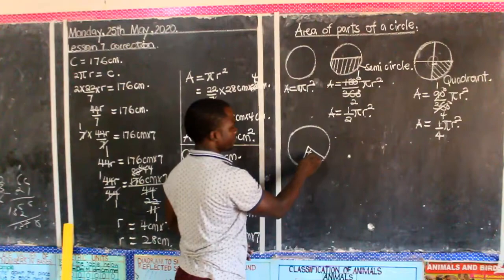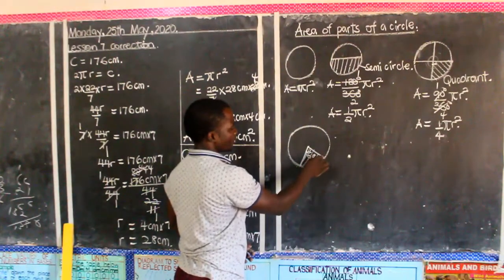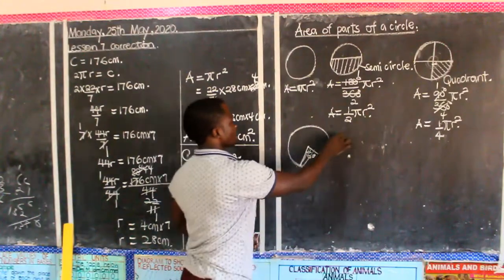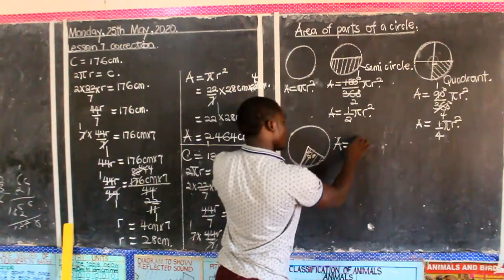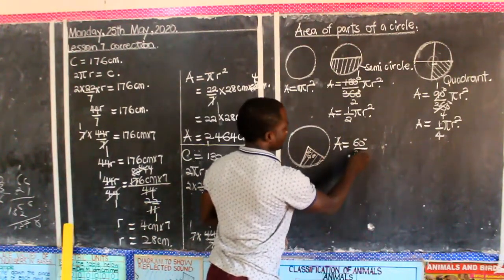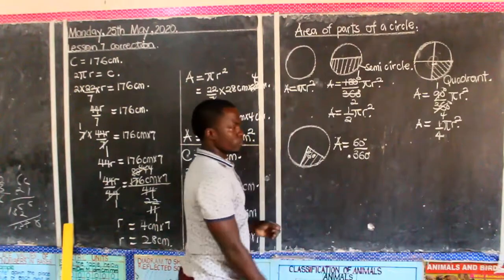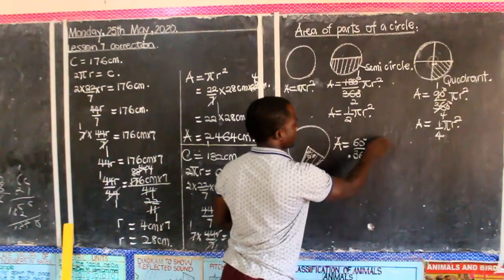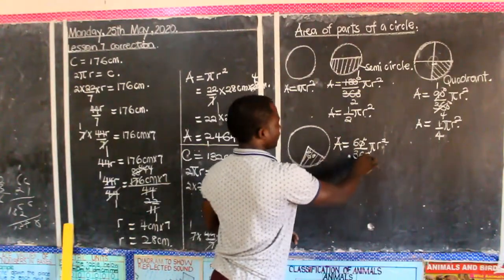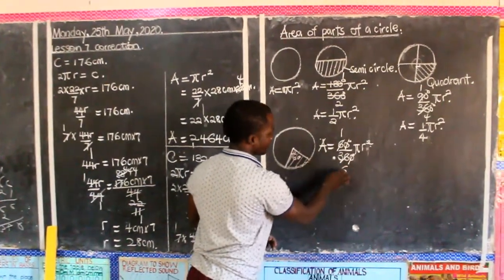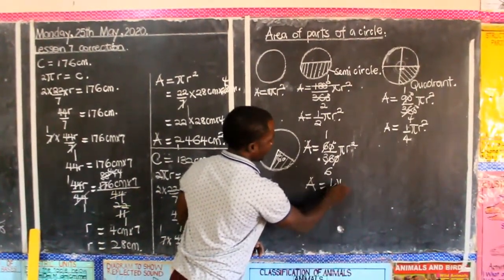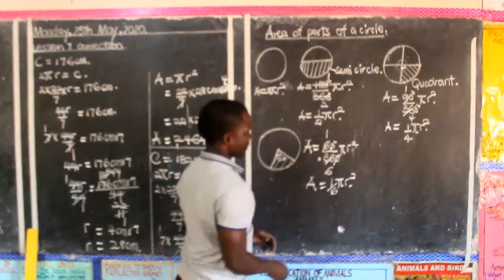We may have here 60 degrees. This shaded part here. How do you get the area of that shaded sector? We say the area of that shaded sector is equal to 60 degrees out of the sum of the center angles, pi r squared. So when you divide by 6, once by 6, the area equals 1 out of 6 pi r squared.